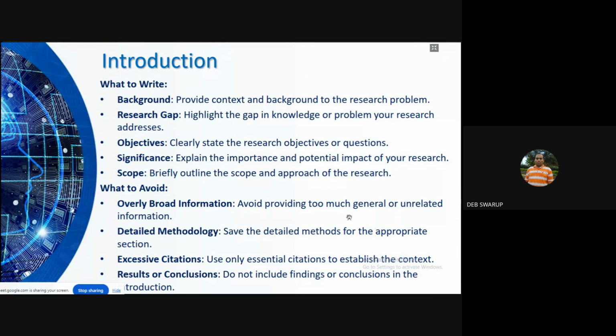Introduction is for the introduction alone. Give less importance to the background. People don't want to know the background. Describe your research gap, your objectives, your significance, and your scope. Even a very small background works, because the persons reading your paper know your topic. That's why they are there to read your paper.